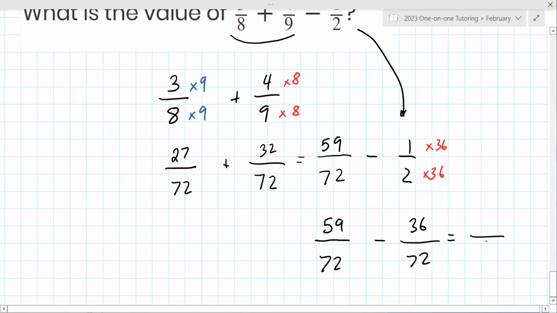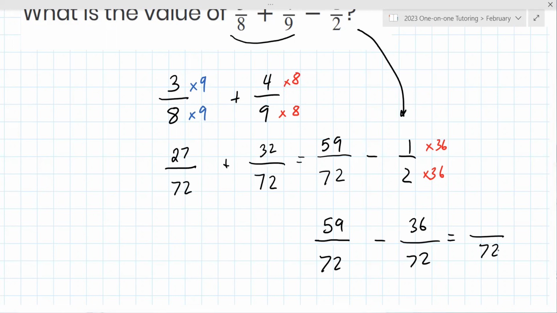So now you have to subtract. Okay, so 36. Is it 23? Yes.